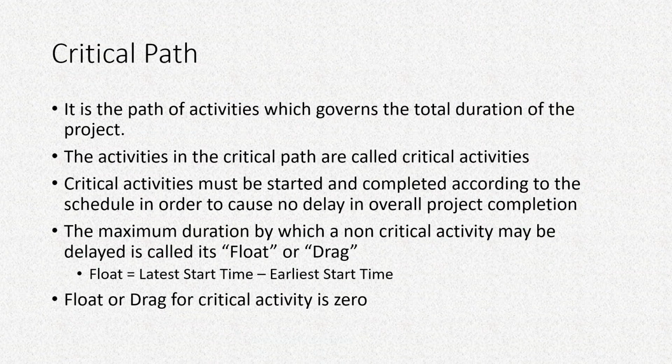So a critical path is the path of activities which governs the total duration of the project, and all the activities in that particular path are called critical activities. Critical activities must be started and completed according to the schedule. That means they cannot be delayed even by a single day. The maximum duration by which a non-critical activity may be delayed is called float or drag.